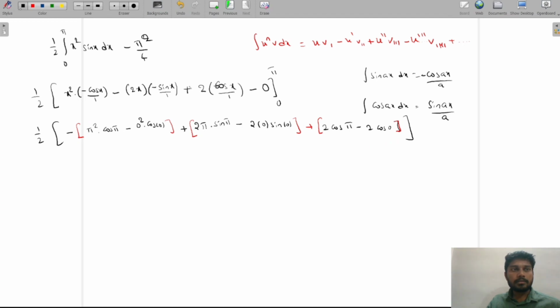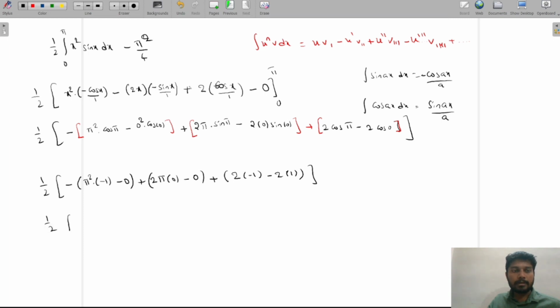Okay, right. So now 1 by 2 into minus of pi square into cos of odd pi, 1 pi. 1 pi is nothing but odd pi, value is minus 1, minus this is 0, bracket close, plus bracket of 2 pi sin pi is 0, minus this is also 0, plus bracket of 2 into cos of 1 pi is odd pi, cos of odd pi is minus 1, minus 2 into cos 0, cos 0 is plus 1, bracket close, main bracket close.